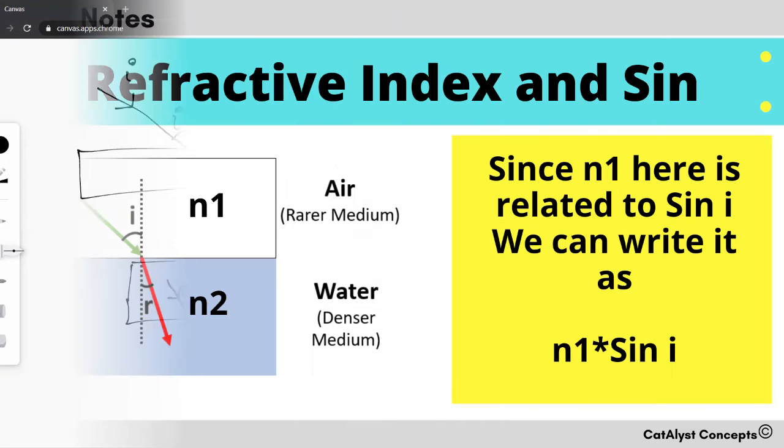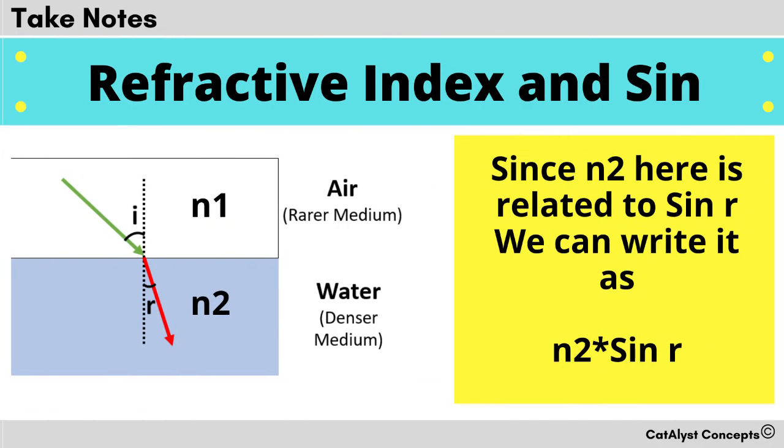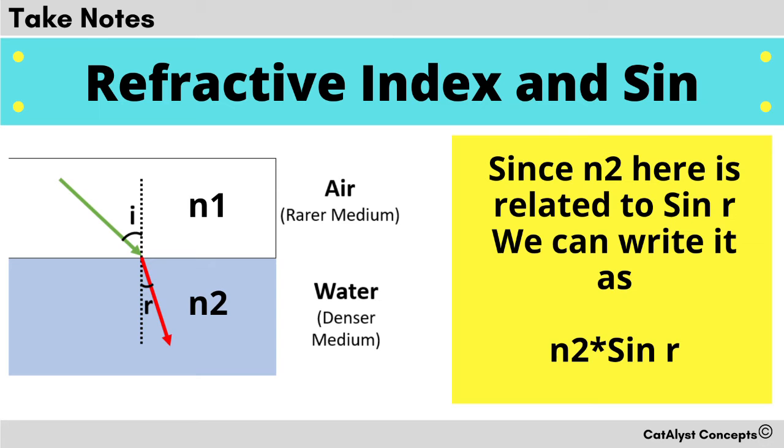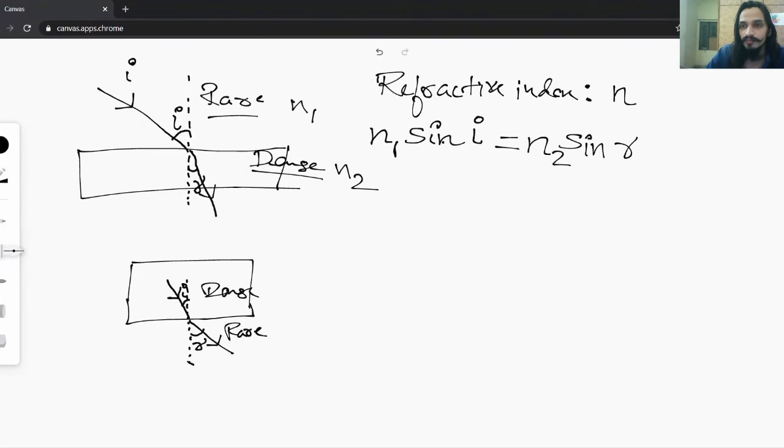All right. So if I want to make a crisscross reciprocal, you know how to do that, right? So I'll shift N2 here. So that should become N1 divided by N2 equals sine R divided by sine I. It means the same thing.